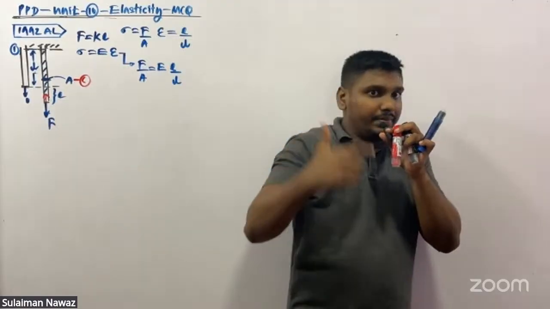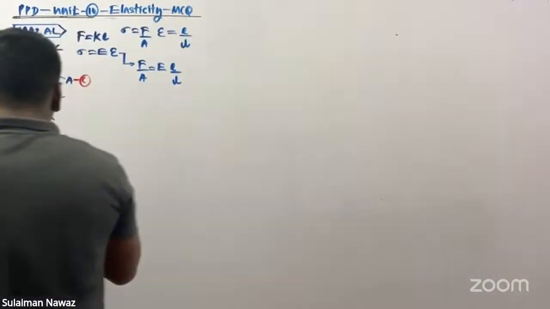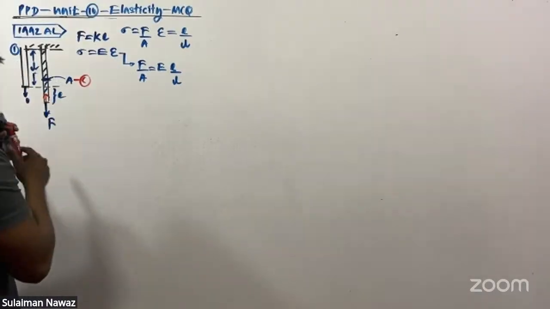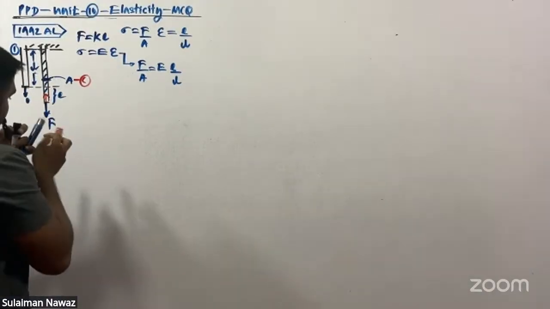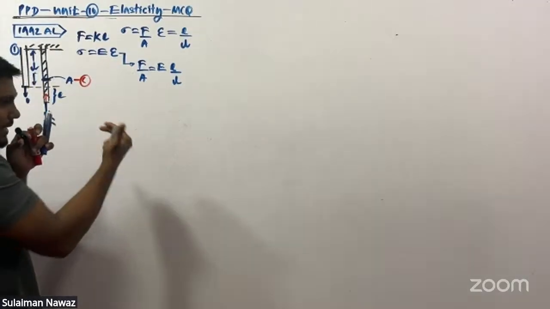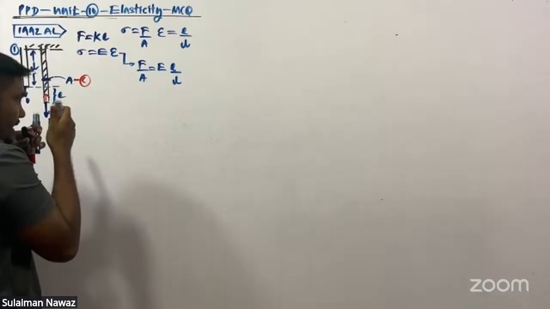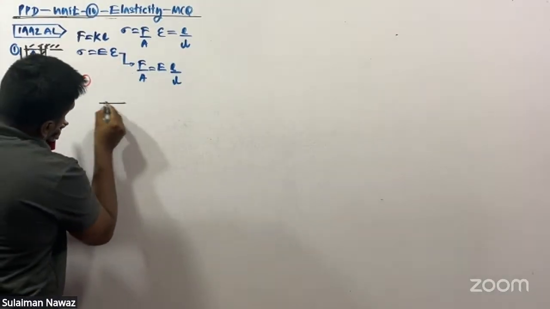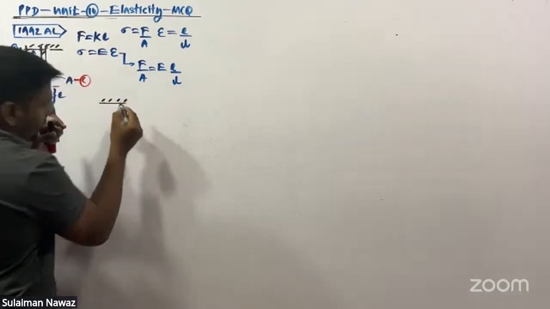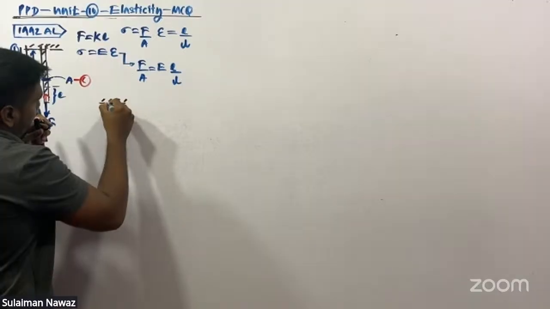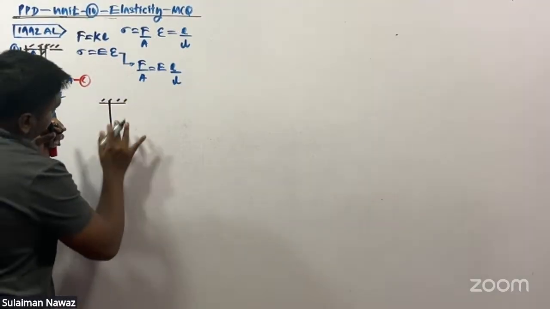Let's say there are two rods connected in series. Most of the questions say that the cross-sectional area of the rods is the same.